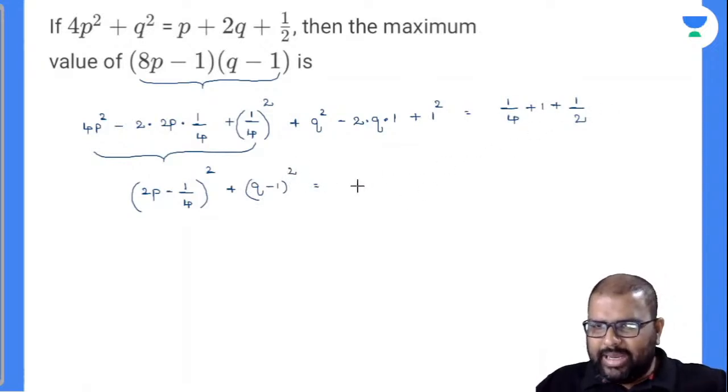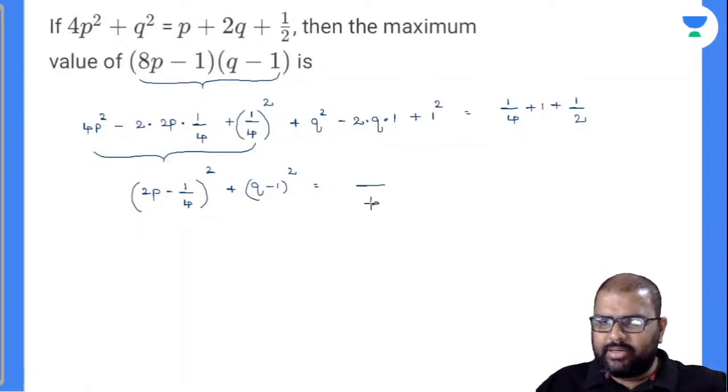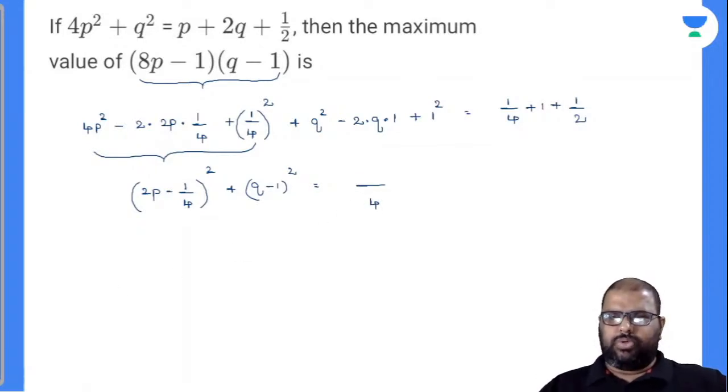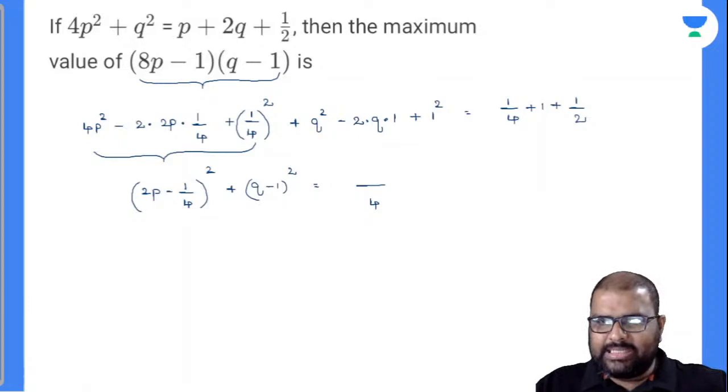Perfectly. Now, of course, what is this value there? 4, 2, 8 is the LCM. No, 4 is the LCM there. What we have added there is 16, not 4. First of all, check there. 1 by 4 whole square is nothing but 1 by 16.